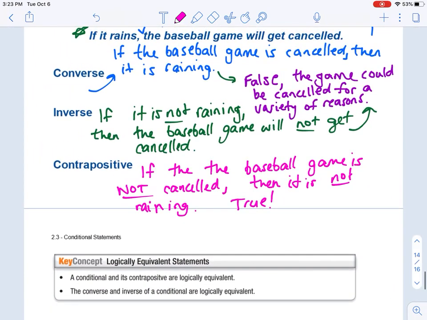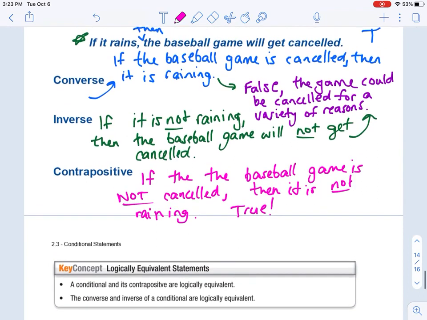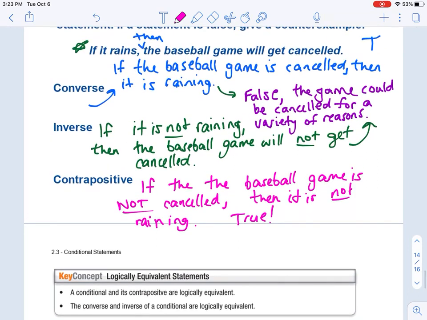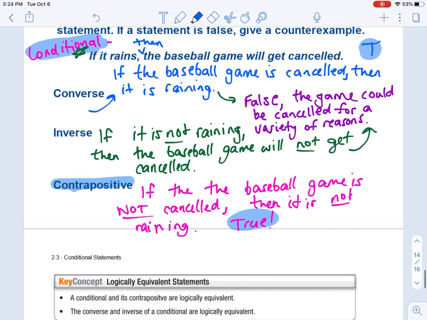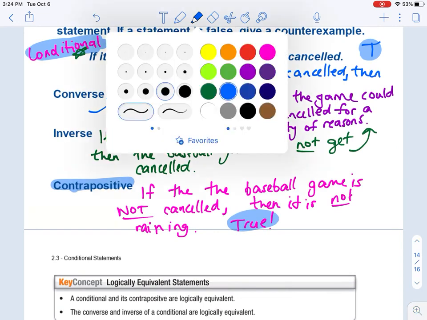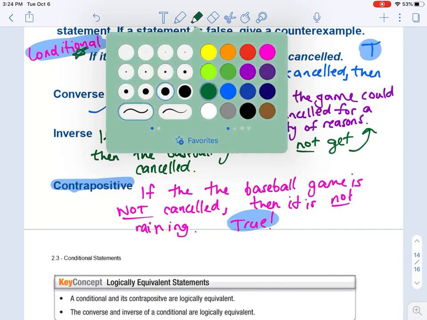Now, I do want to take a look at these logically equivalent statements. Notice, our conditional, which is this guy here, and our contrapositive have the same truth value. That will happen all the time. They are logically equivalent. That means they have the same truth value.